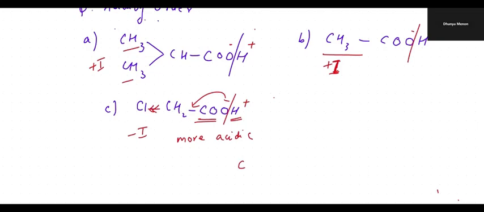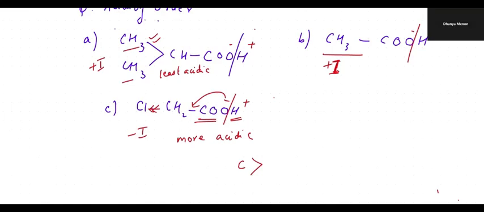Now compared to B and A, who has more plus I effect? In A there are 2 methyl groups, right? So definitely it will be least acidic. More plus I effect group, least acidic. Right.